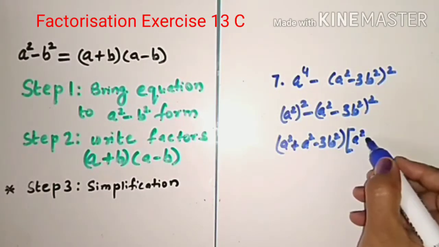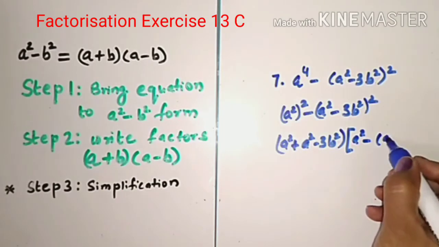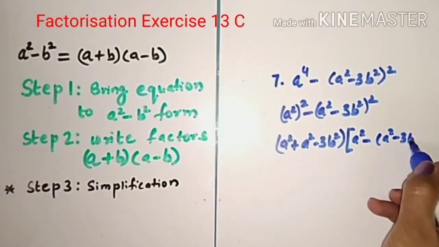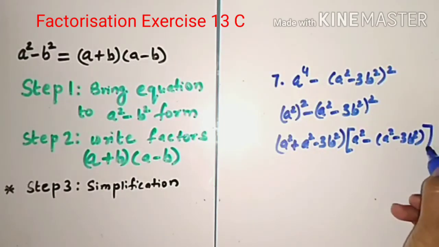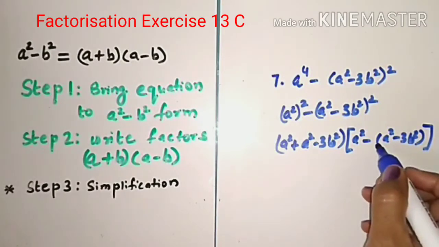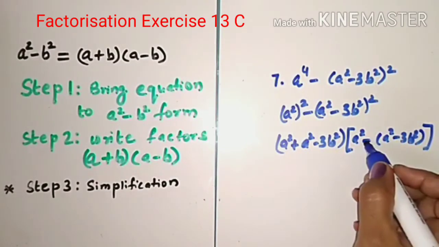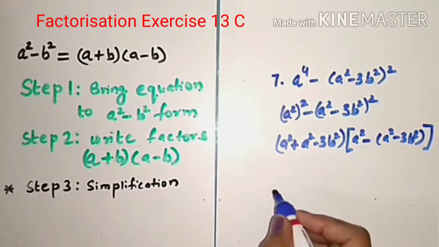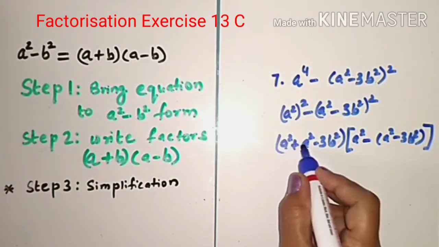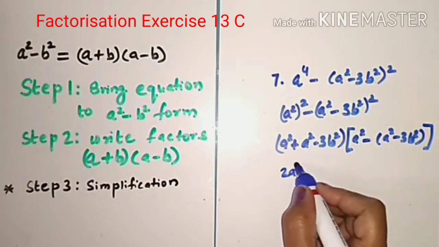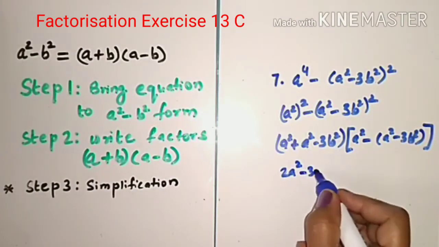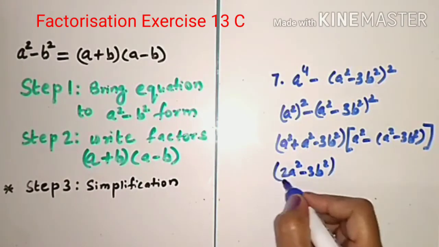So a square minus (3b square). We are doing this because the sign of the factors inside this bracket will change because of this minus sign. So here we have a square plus a square, which will become 2a square minus 3b square.